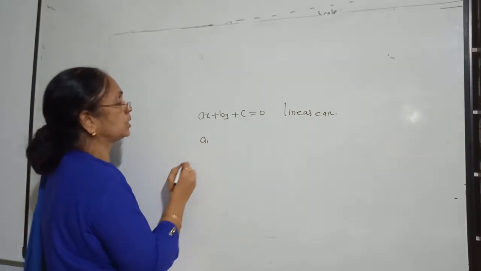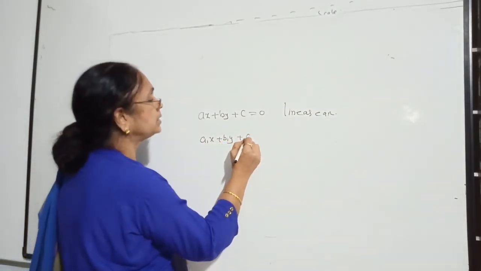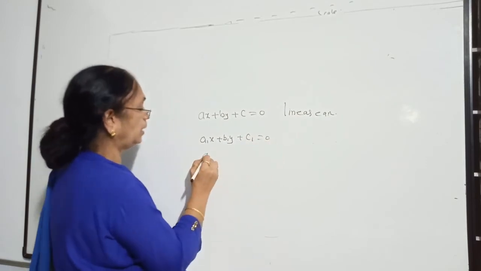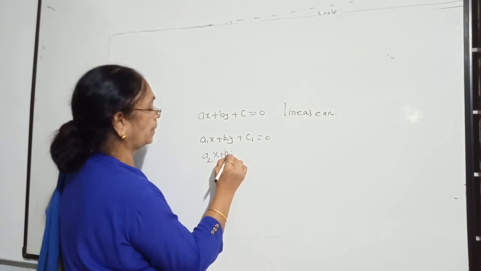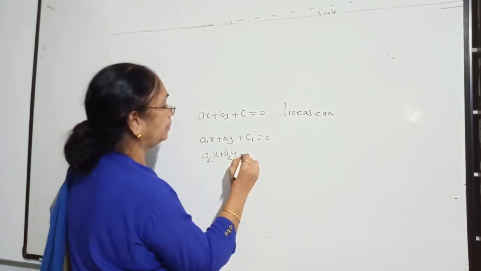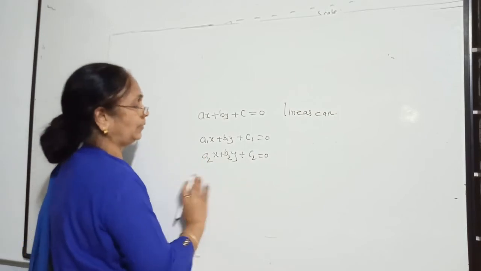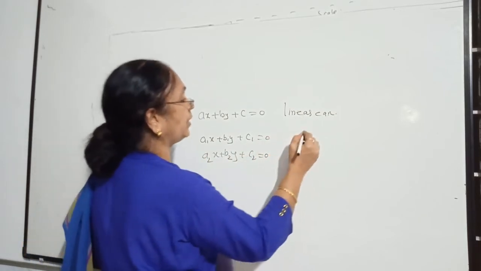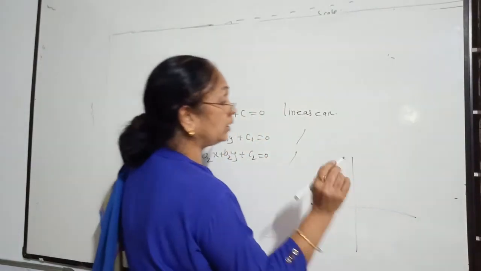Suppose they are given two equations, a1x plus b1y plus c1 is equal to 0, and a2x plus b2y plus c2 is equal to 0. Now the graph for this will be a straight line and a straight line. If you plot it in one graph, there are three conditions.